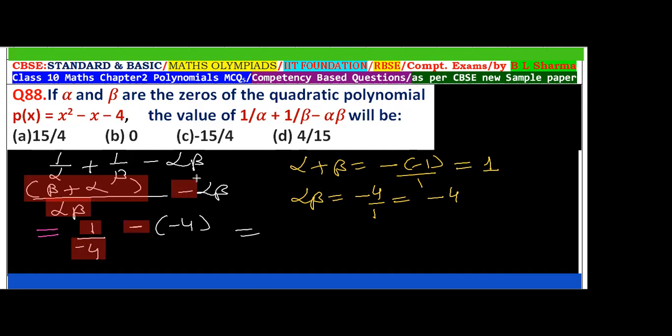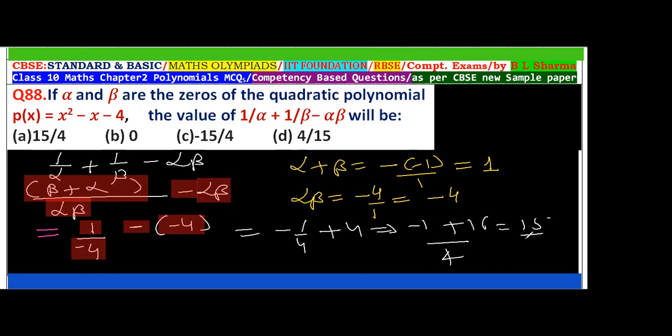And in place of alpha into beta, I have written -4. Simplify this. इसको simplify करें. So that is -1 upon 4 and that is 4, and taking 4 as LCM, minus 1 plus 16, that is 15 upon 4, answer.